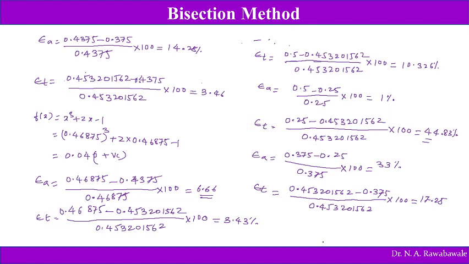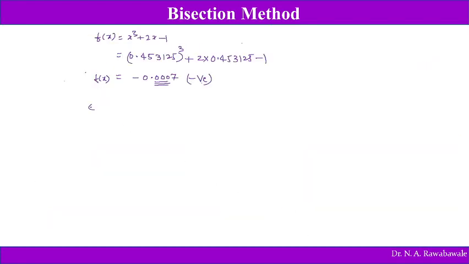Previous approximation 0.46875 minus new approximation 0.453125, divided by the new approximation 0.453125, into 100.